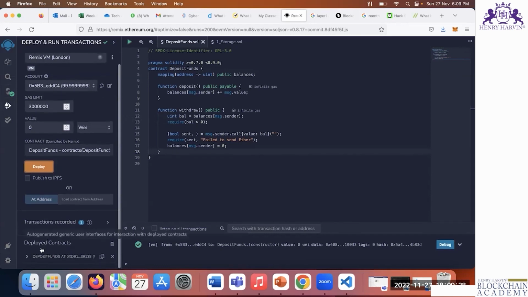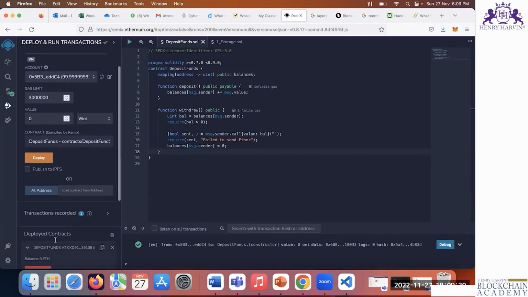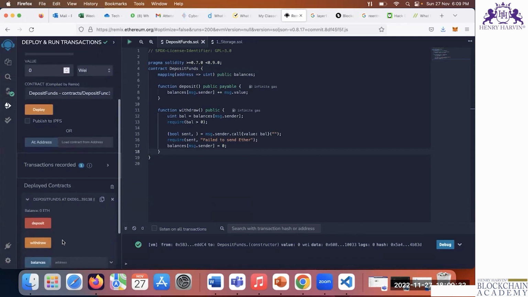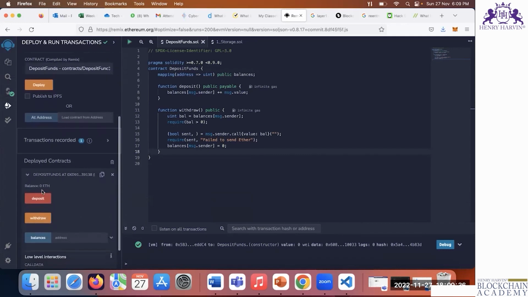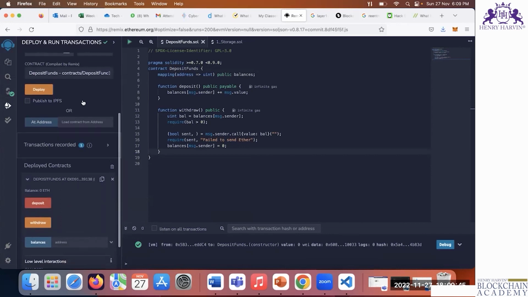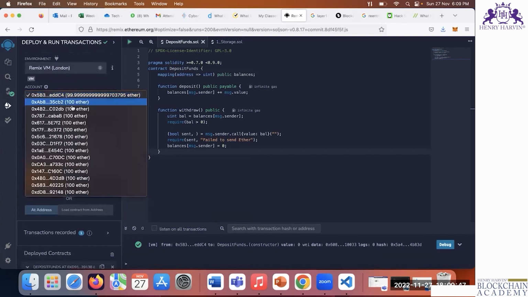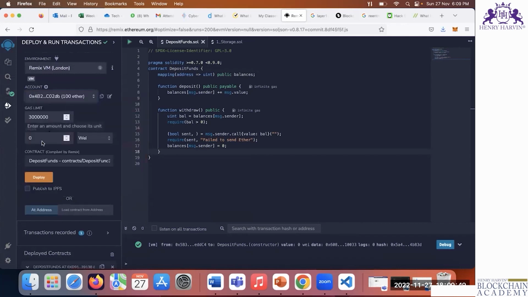It has been deployed. Now you can see two functions are there, deposit and withdraw, and balance. Anybody can deposit funds to this one.